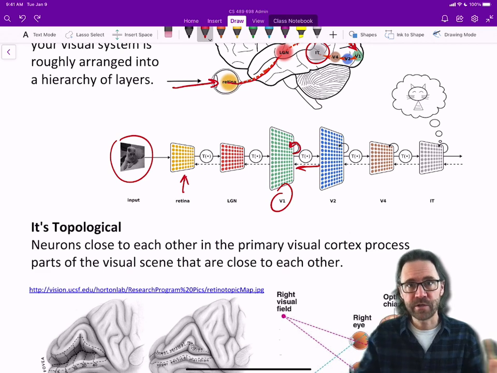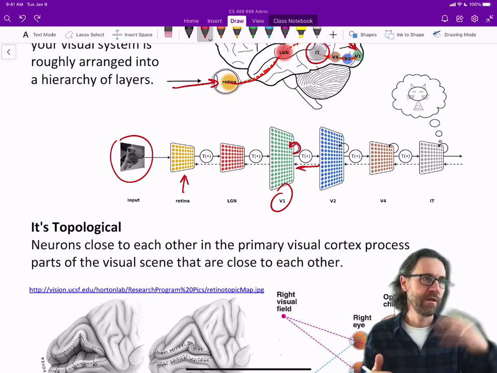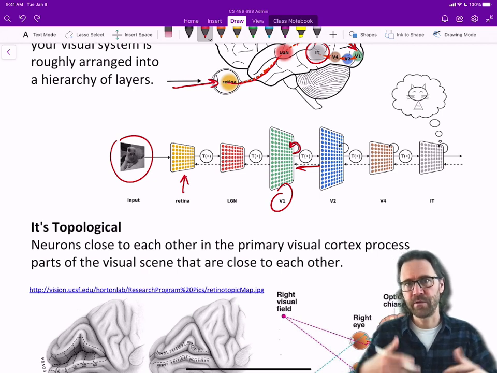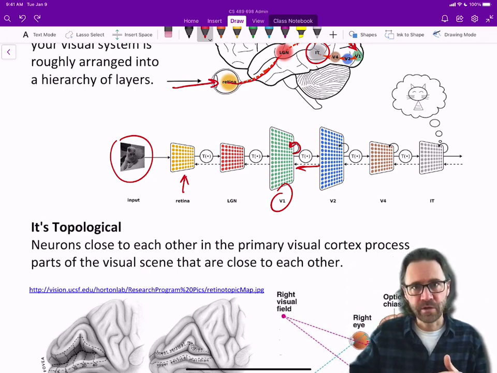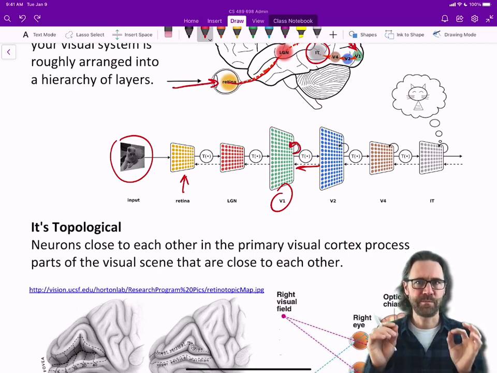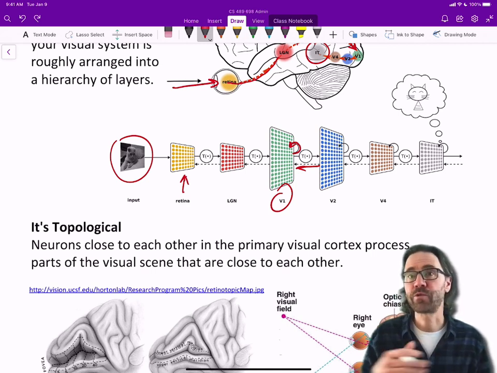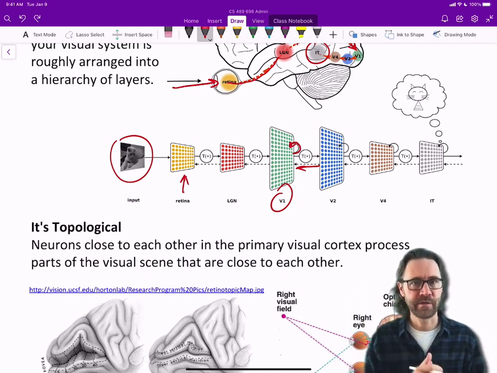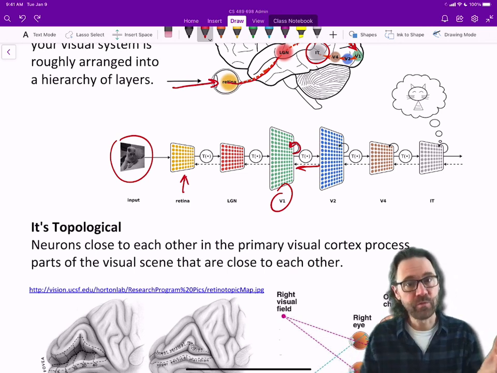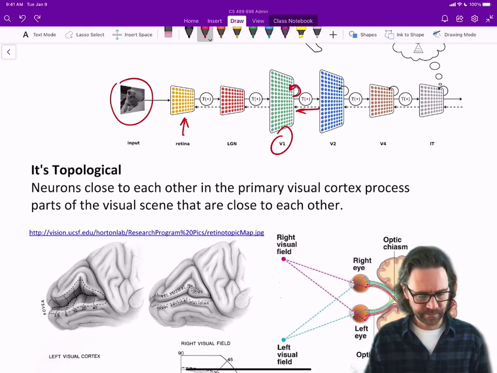Scissors could be anywhere in your visual field, but for some reason those neurons care most about scissors. You might have heard of the grandmother cell or the Jennifer Aniston neuron. They're referring to neurons in the IT area, where they're specific to objects. Somehow your visual system, through layers, has abstracted out particular patterns of input that fit these complex objects, like people and tools and whatever. It's layers.